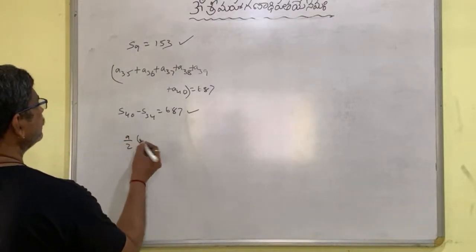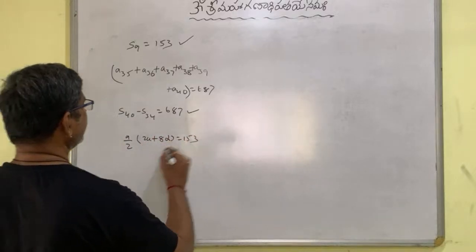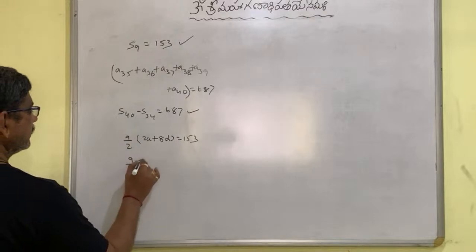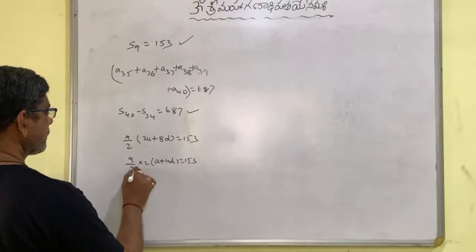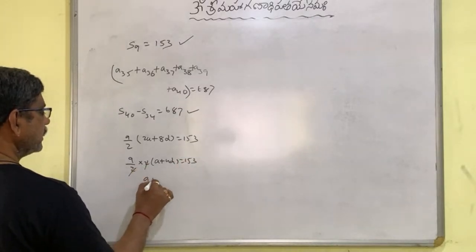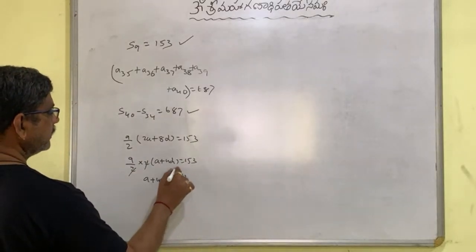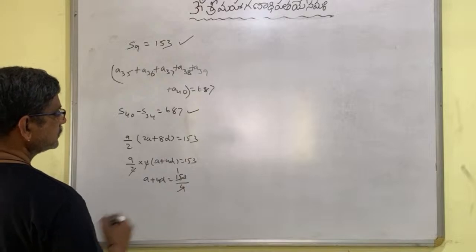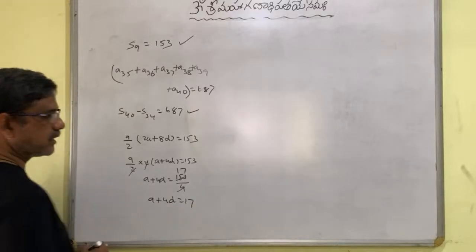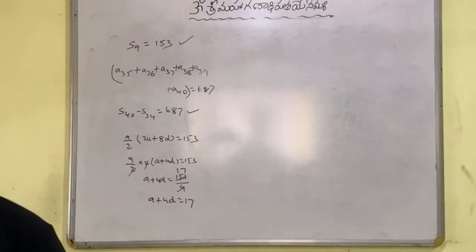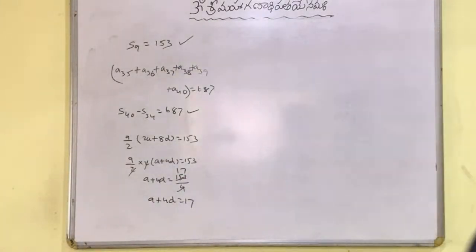One is 9 by 2 into 2a plus 8d is equal to 153. 2 common, a plus 4d is equal to 153 by 9. 9 ones are 9, 9 sevens are 63, so a plus 4d is 17. Equation 1: a plus 4d is 17.